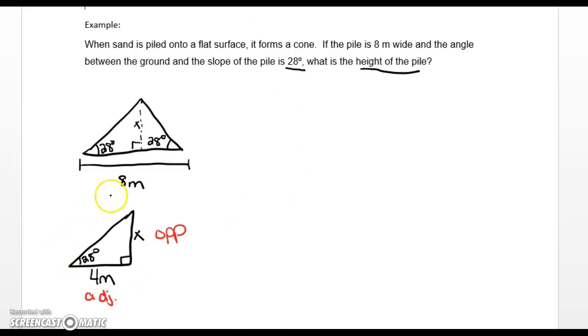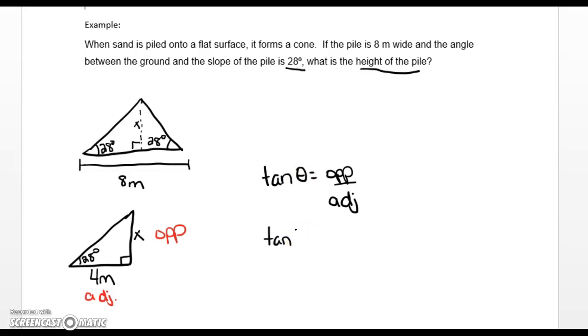In order to solve for x here, I'm going to start off by writing my tangent ratio. That's tan of theta is equal to your opposite over your adjacent. Then we can fill in everything that we know. We know that angle theta is 28 degrees.